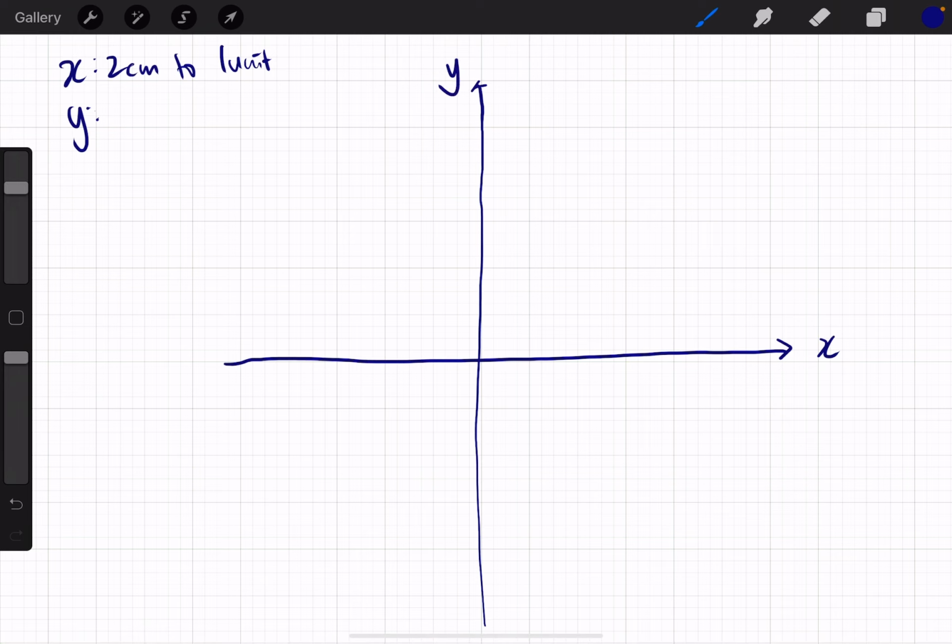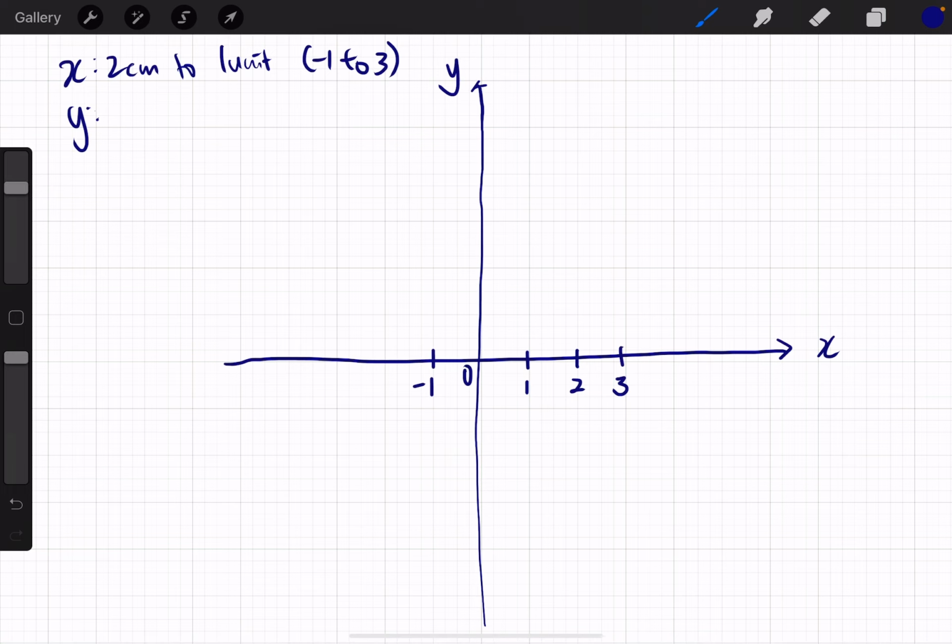I'll draw a line along the thicker line, and the origin is 0. You label that first. The question wants our x value to be from -1, 0, 1, 2, 3. So this is what I get.